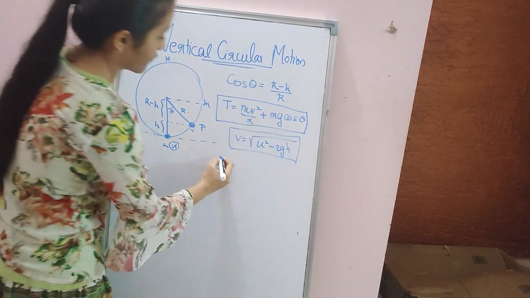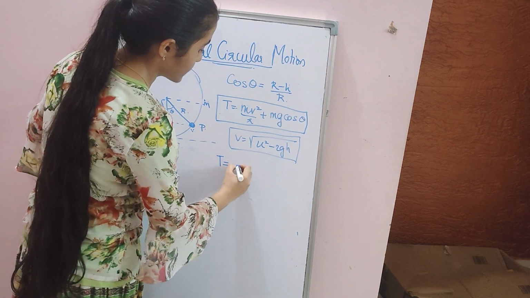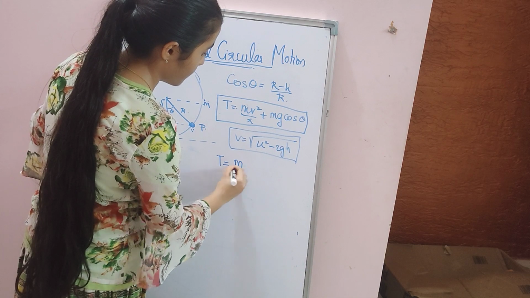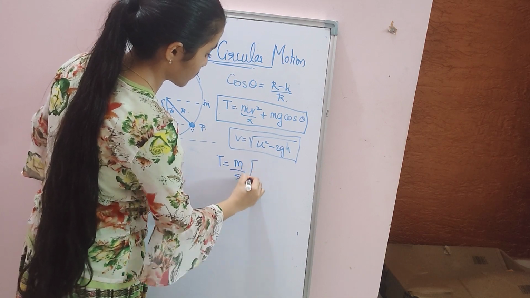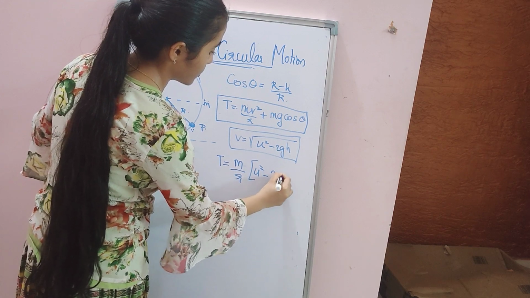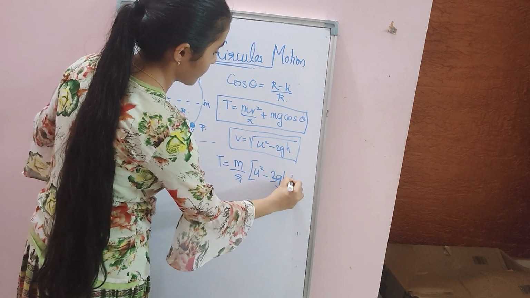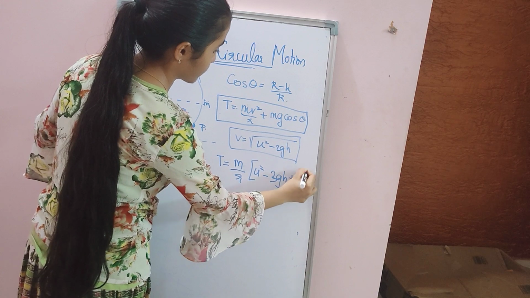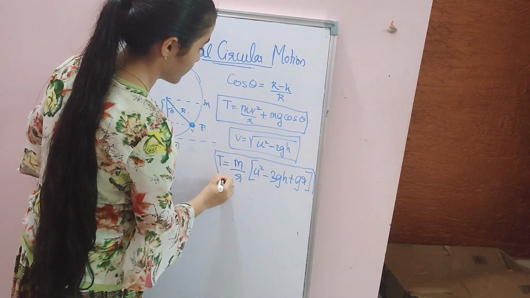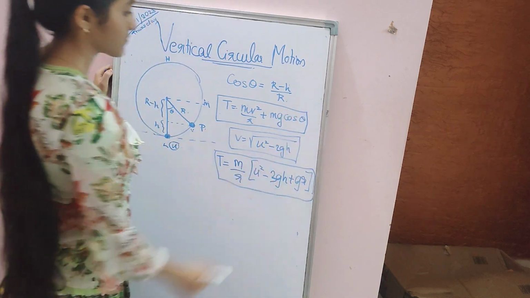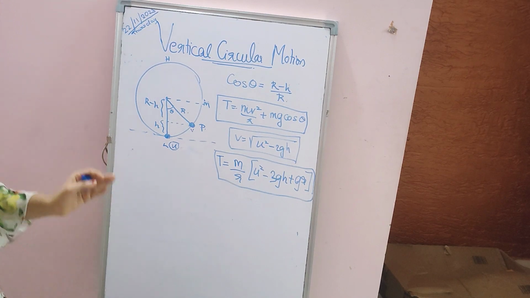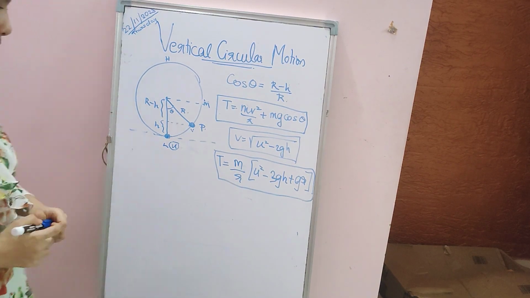Now, if the height is given, we can write T as m by r into u square minus 3gh plus gr. This is also an equation for tension. These three equations are definitely important in vertical circular motion.